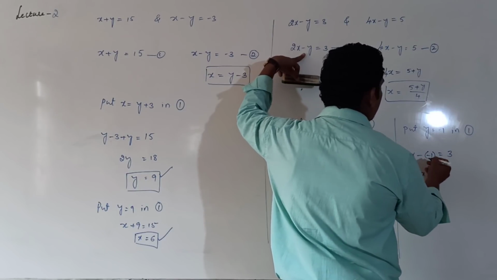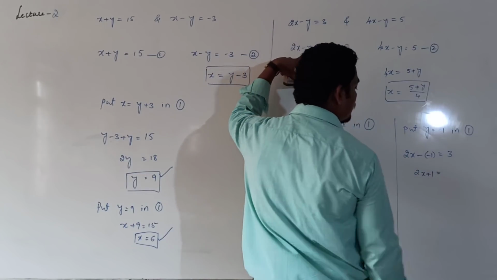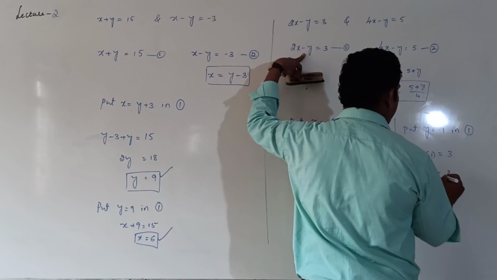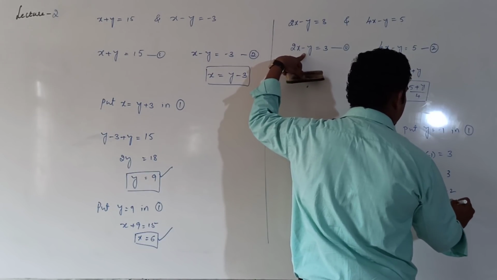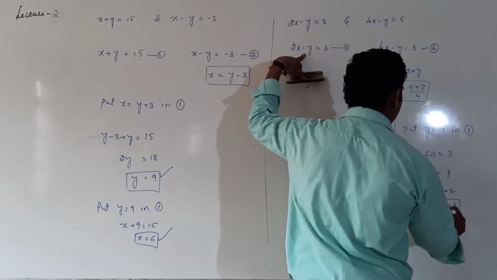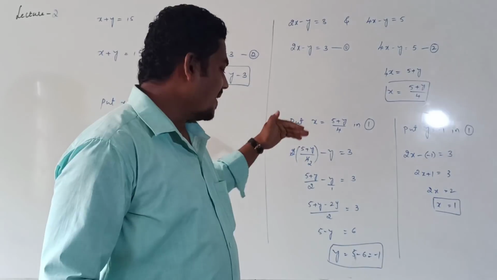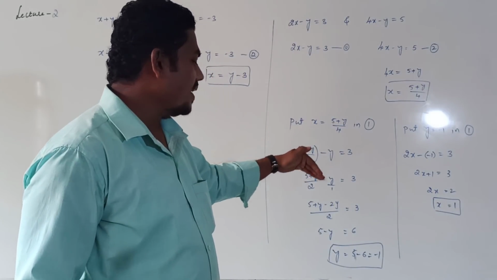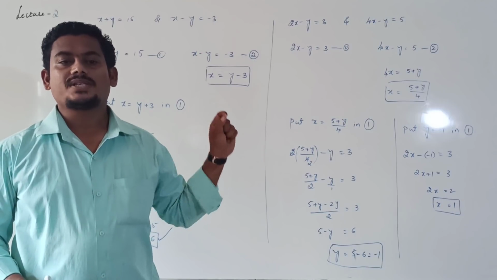So 2x, minus into minus is plus, or else write one more step: 2x plus 1 equal to 3. Then 2x equal to 2. Lastly, the x value is 1. By the method of substitution, x value 1, y value minus 1.